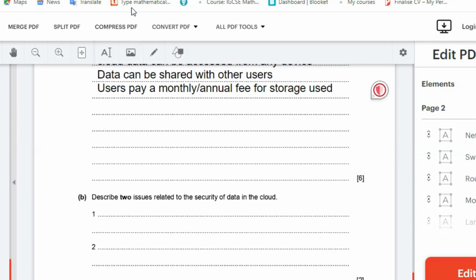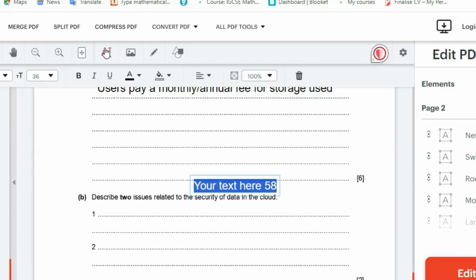One is, it is easier to hack data as it is always available online.